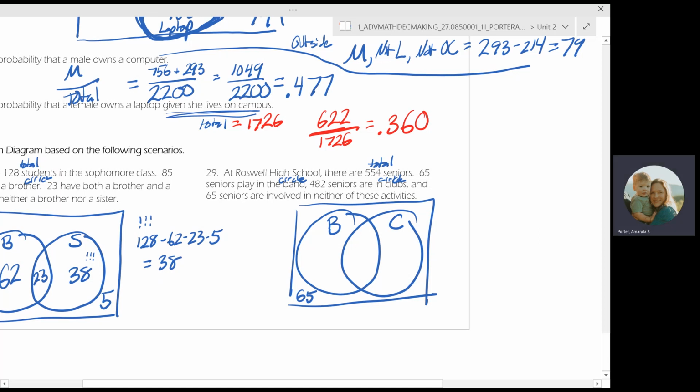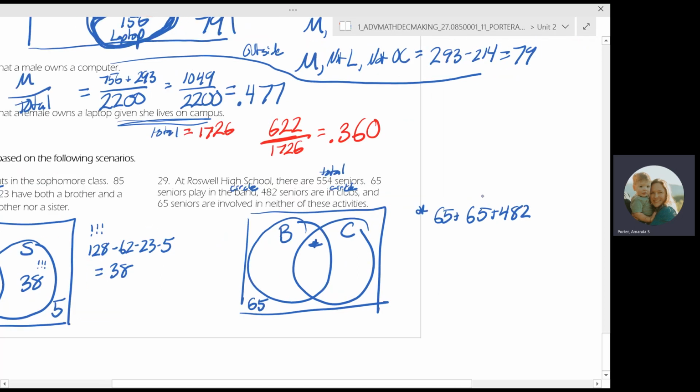So to find the overlap, I am going to say 65 plus 65 plus 482. Those are my two circles. That's B and that's C is a circle. That's going to equal some value.